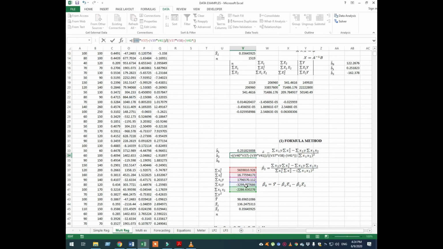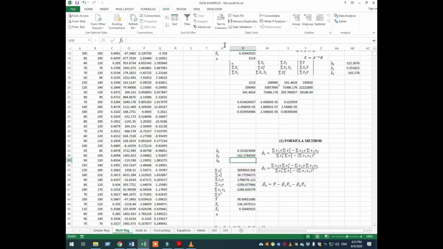That is summation x2y, which is this one, multiplied by summation x1 square, and minus summation x1y multiplied by summation x1 and x2, and divided by summation x1 square, which is this one, multiplied by summation x2 square, which is this one, and minus summation x1 and x2 whole square. Sorry, I had forgotten the power of the function.